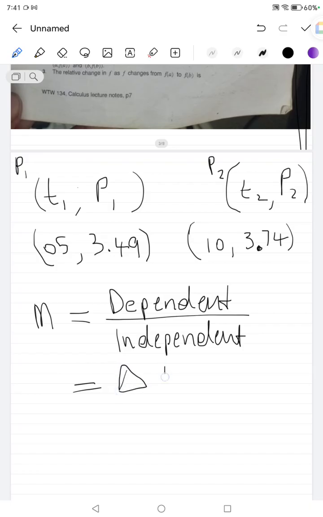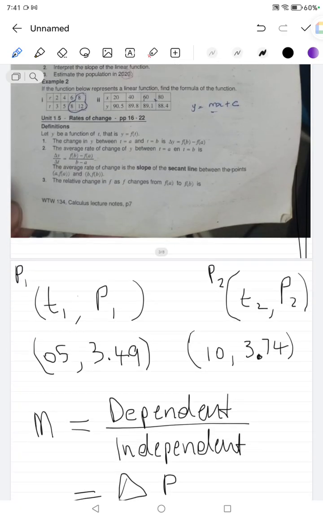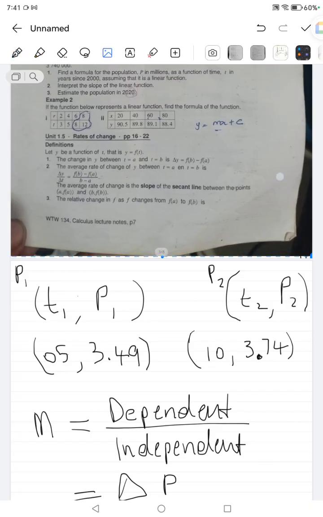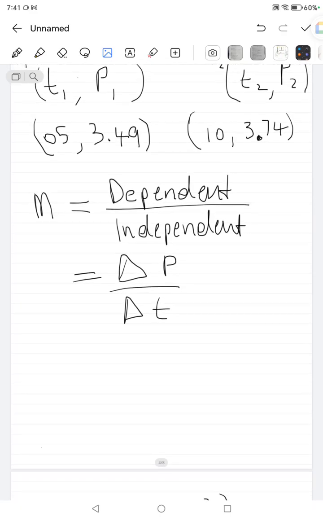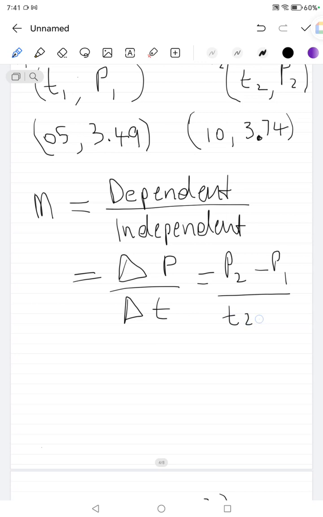So you can say you have your delta P over your delta T. And as I said, in a Cartesian plane you're going to have your P, and your T on the other side. So it now means you're going to have P2 minus your P1 over your T2 minus your T1.